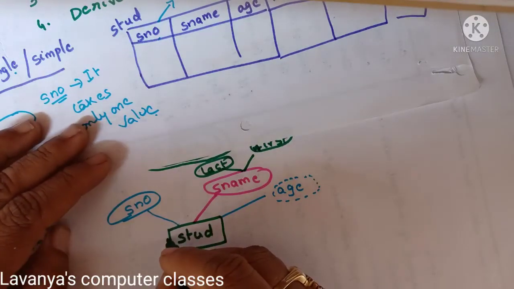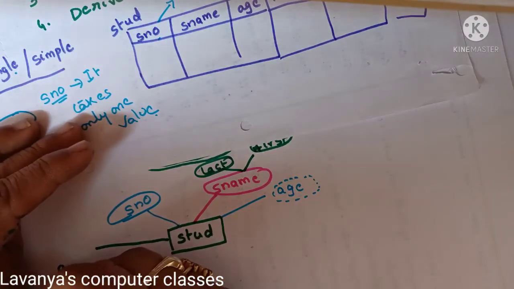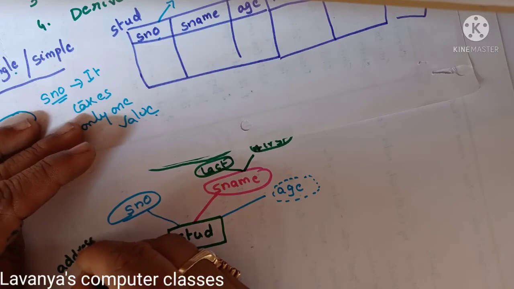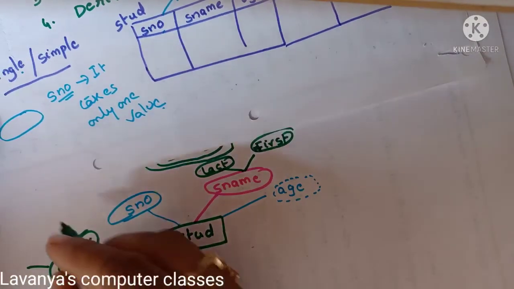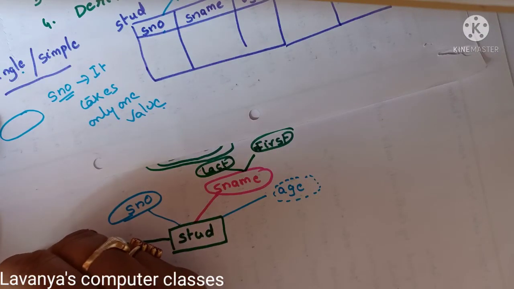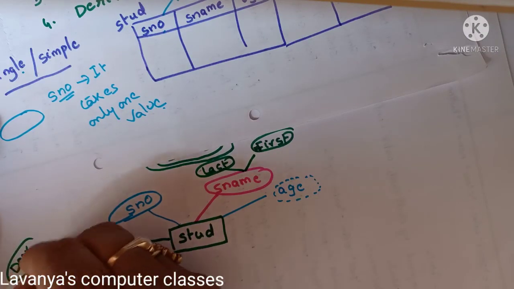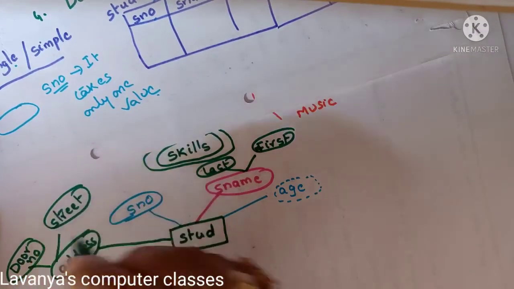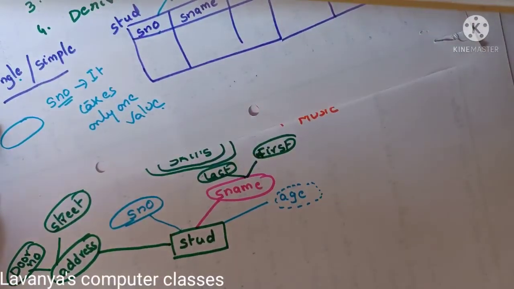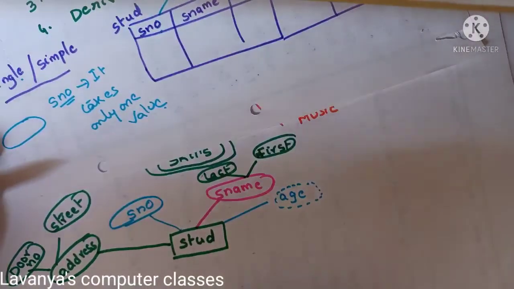The next attribute is address. Address is also a composite attribute because it is possible to divide it into many parts like door number, street, city, etc. So this is a composite attribute representation. And the next one is skills.